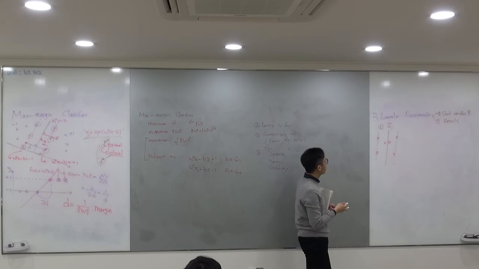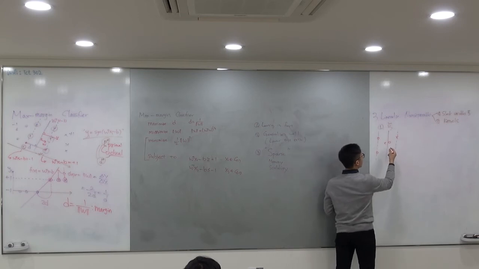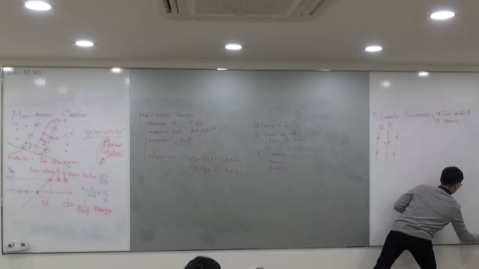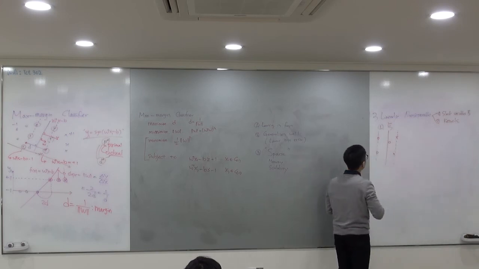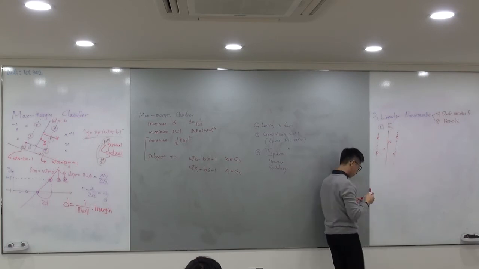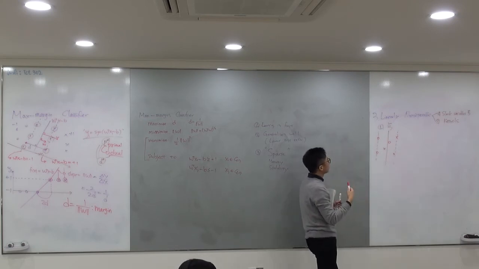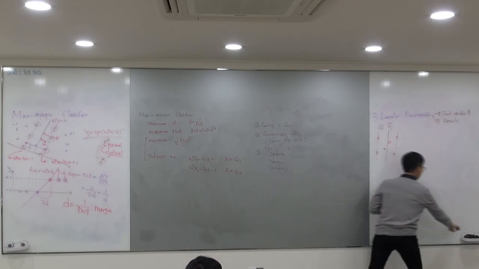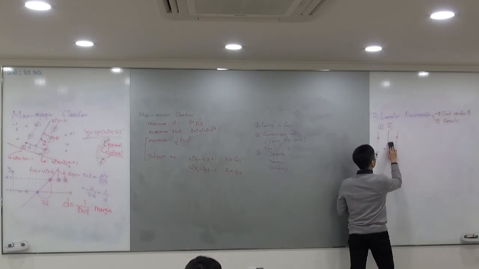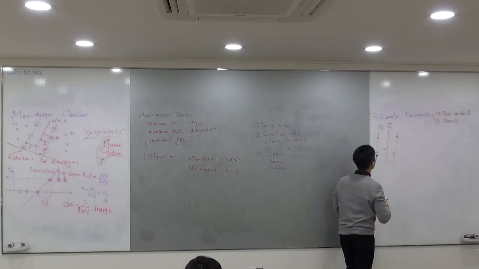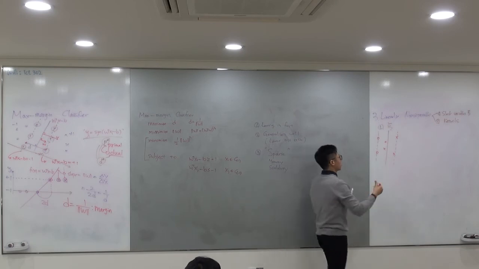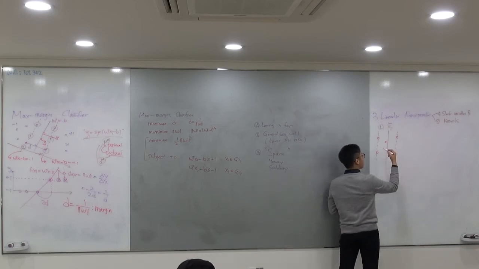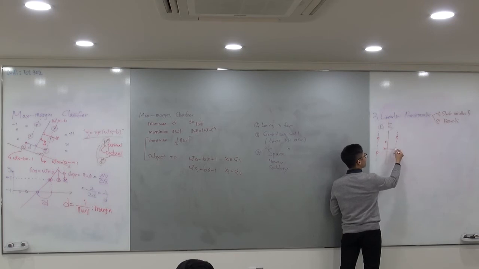In order to do that, we introduce slack variable, which is determined as the distance from where it's supposed to be.